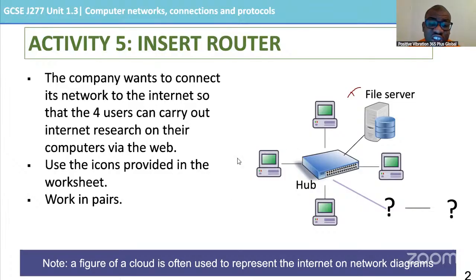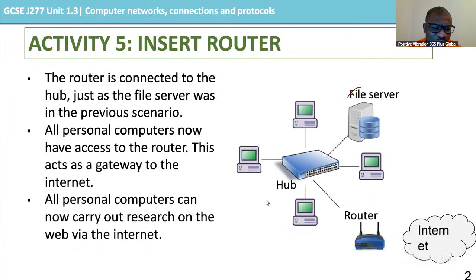You can't research, you can't Netflix and chill. So you need a router. Can you go ahead and connect your router to your hub? This will now allow all of the users in the network to be able to connect to the internet, which is the largest network.